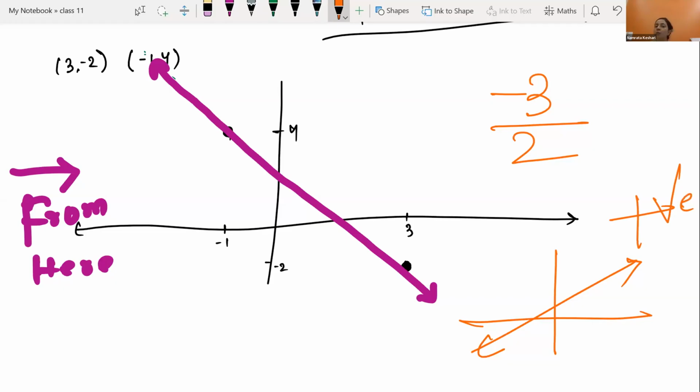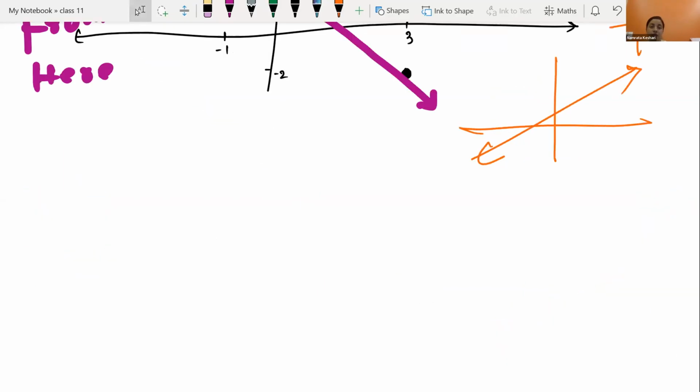And if, moving from left towards the right, the line is going down and down, that means the slope will be negative. Is it making sense? Yes, ma'am. Now, these are very detailed concepts. While solving the question you will not be using them, but they are really important. In class 12, you need to know these basics apart from knowing how to solve the question.